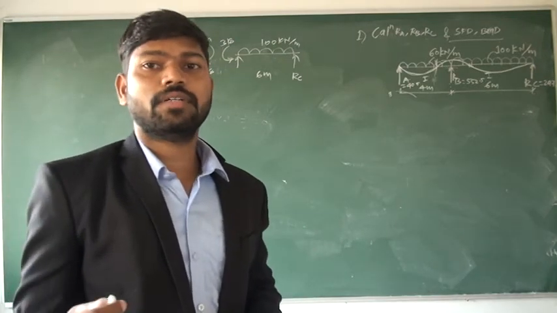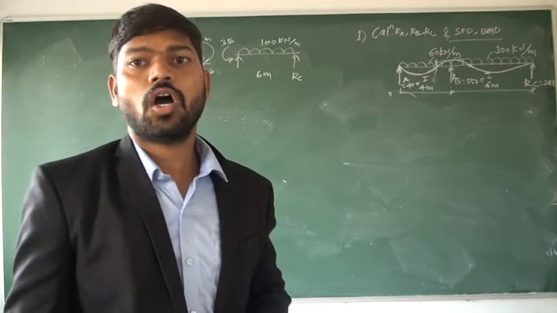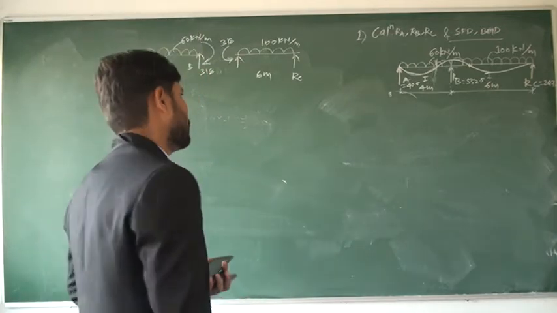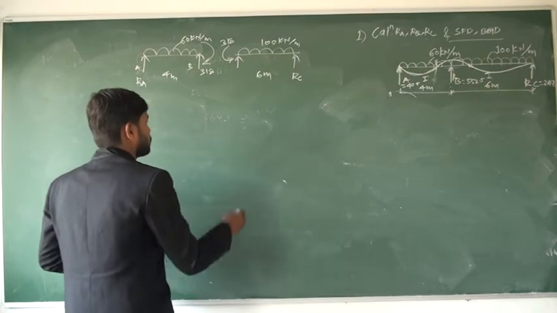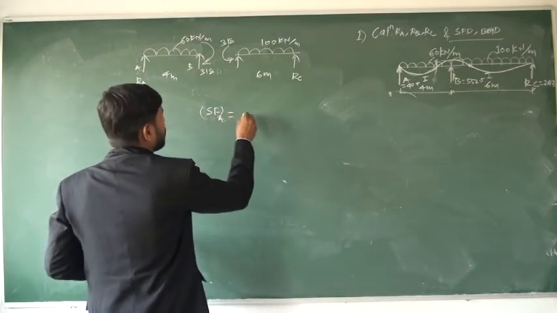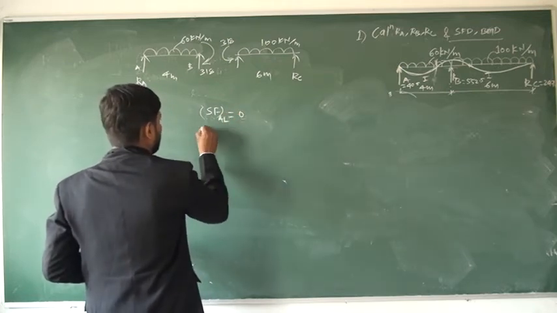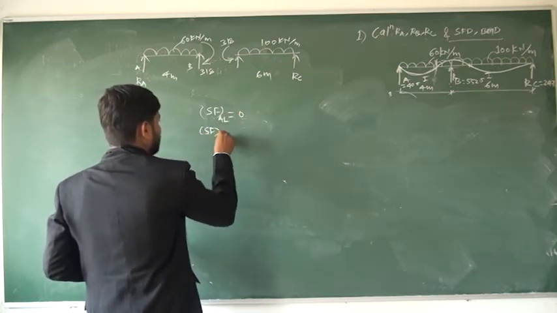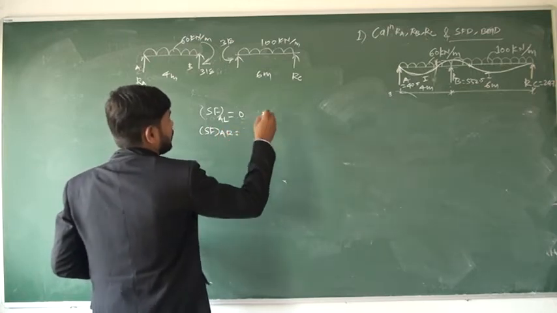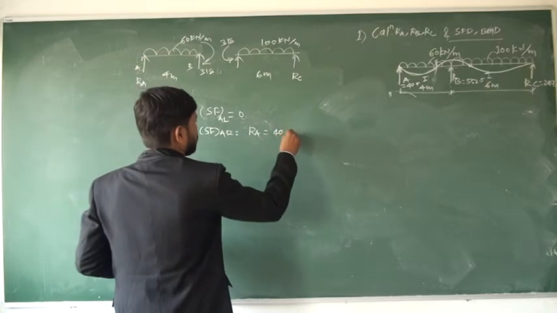What is the definition of shear force? It's a summation of all the forces either on the left side of the section or on the right side of the section. So we'll start from A. Shear force at A left will be 0. Shear force at A right will be RA, which is in upward direction, so positive 40.5.